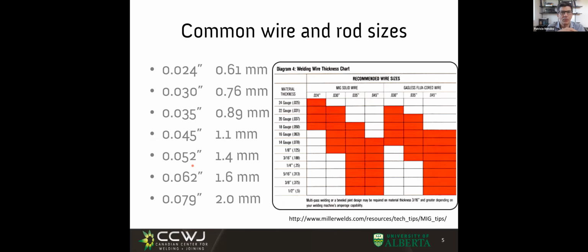Let's start with discussing typical wire and rod sizes. What I put here is not meant for you to choose what wire to use with what plate thickness, although that was the original intent. But so you see the range of wires that are typically used. And essentially it's these three that are second, third, and fourth.